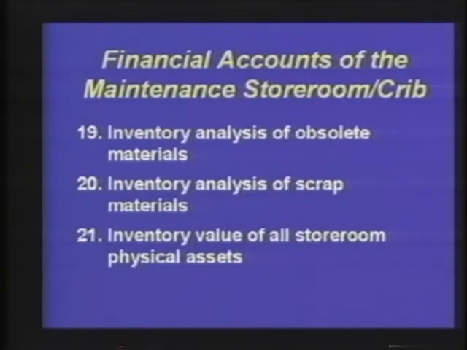21 is the inventory value of the storeroom physical assets, and that could be all of the equipment, it could be the shelving, the various tote pans, the skids, and anything else that would have had to be purchased to enhance the storeroom itself.